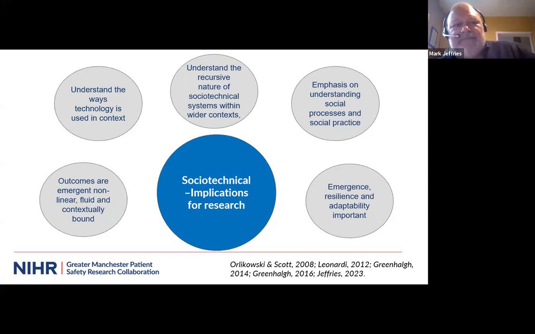How it's being adapted. Adaptability is really important within that. What are the social processes and practices, the work practices around the implementation of the technology, and that therefore, as a consequence, the outcomes from it are going to be non-linear. They're going to be contextually bound. Next slide, please.